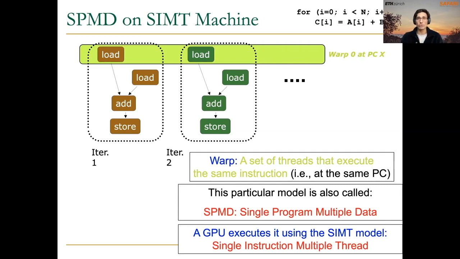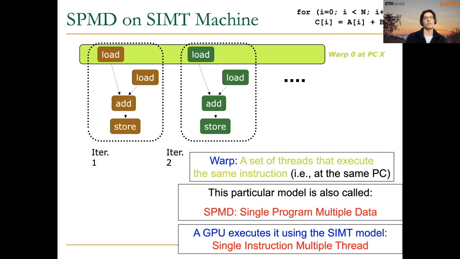Instead of talking about vector instructions or SIMD instructions, we are going to talk about instructions that correspond to warps. What is a warp? A warp is a collection of threads. In particular, in NVIDIA architectures, it is 32 threads. So it's a group of 32 threads that execute the same instruction at the same time, as if they were 32 vector lanes of a vector processor, right?